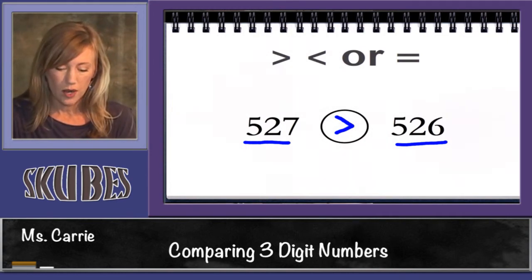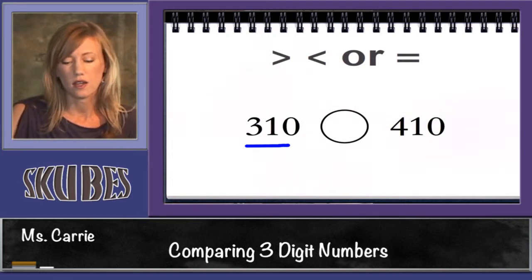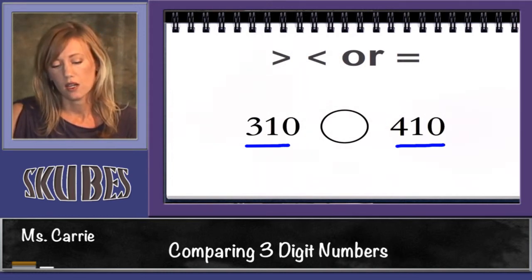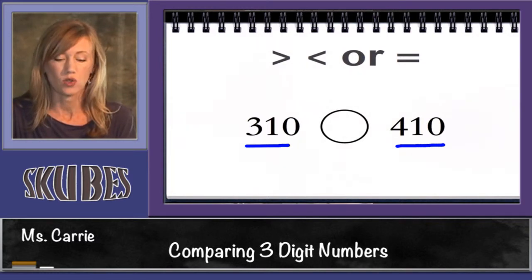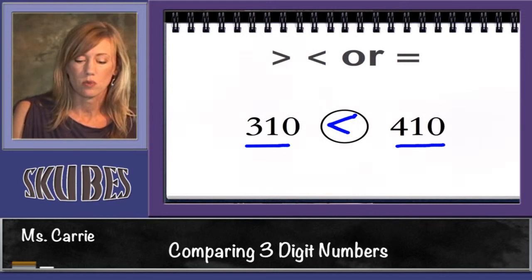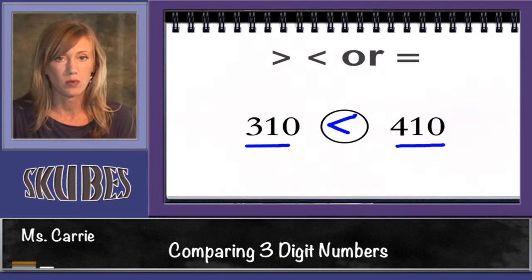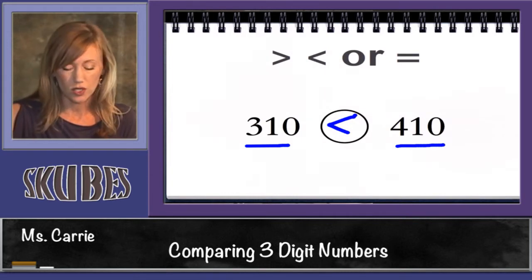Let's look at two more numbers. Let's look at 310 and 410. Well, we know that 310 is less than 410, so we'll make our point to the smaller number and our mouth open to the bigger number. This would read 310 is less than 410.